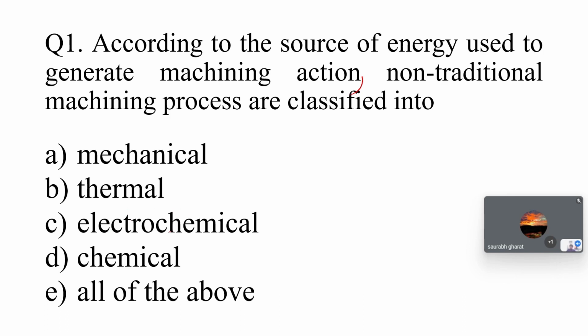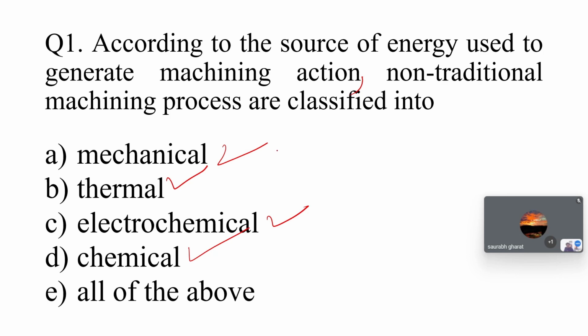Mechanical energy is correct. Thermal energy is again correct. Electrochemical is correct, and chemical is also correct. So all of the above must be your answer, because in your first slide itself you may go through this part, the machining processes and which sources are there. All of these are actually sources of energy generation for non-traditional machining processes.